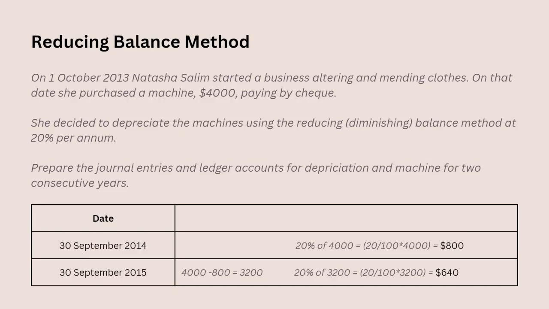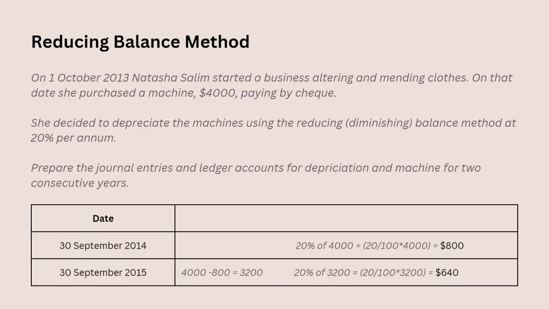So the value of depreciation would be 800. But since we are doing the reducing balance method, next year, on 30th September 2015, I'm going to do 4,000 minus 800. Why 800? Because it's the reducing balance method.